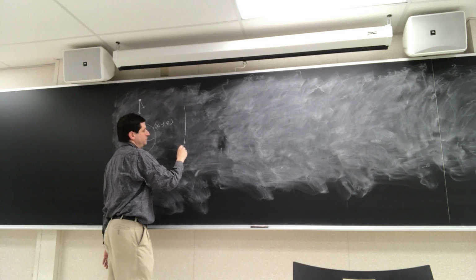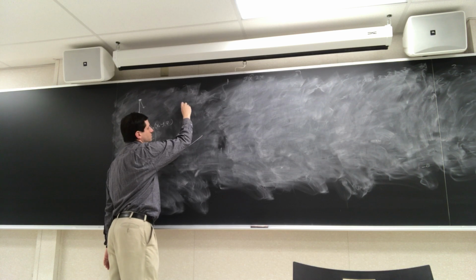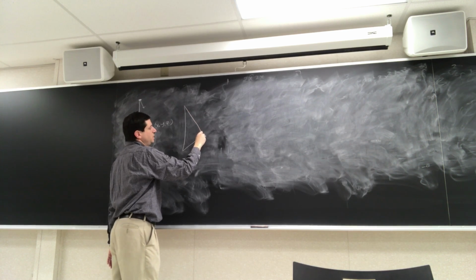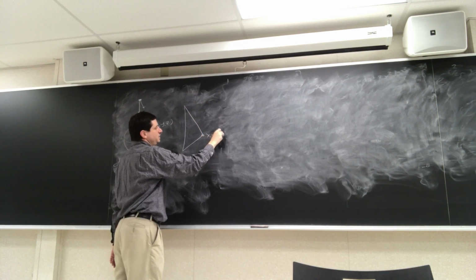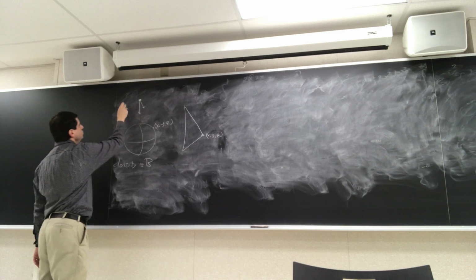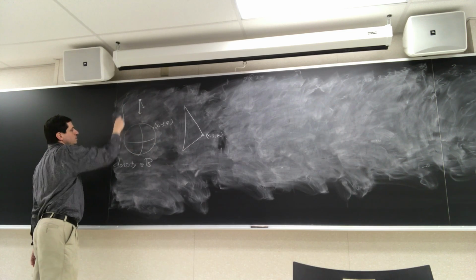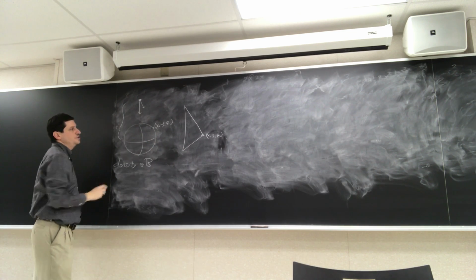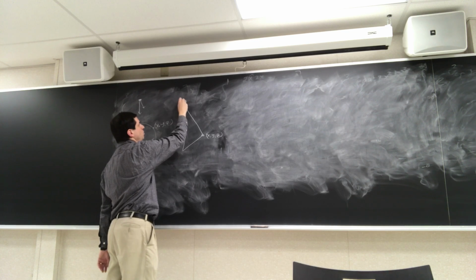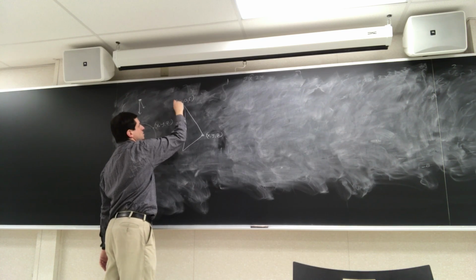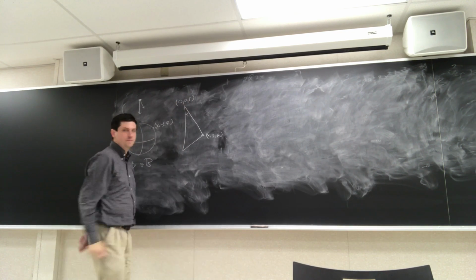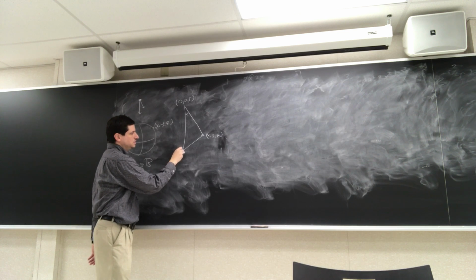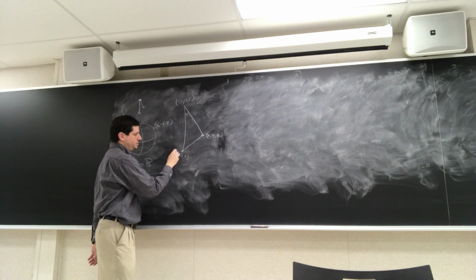So I'm going to just try to draw things a little bit. Here's my point x, y, z. I will assume the center of the sphere is the origin. I will assume I am r units up north. So this is the point 0, 0, r. Here's some angle alpha. Here's the point 0, 0, 0.